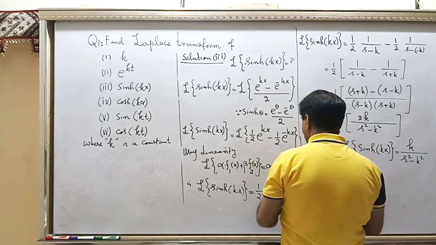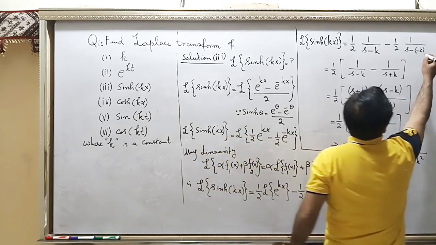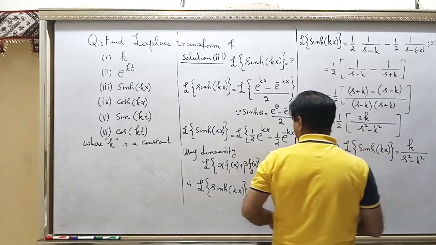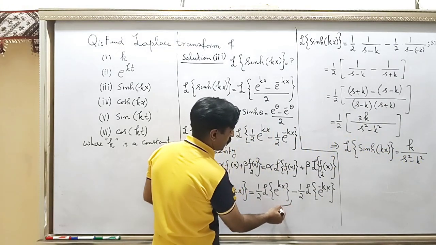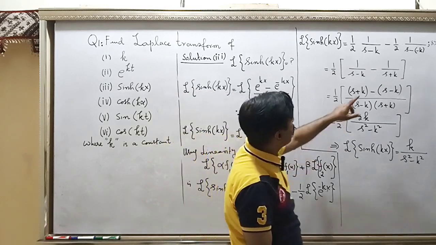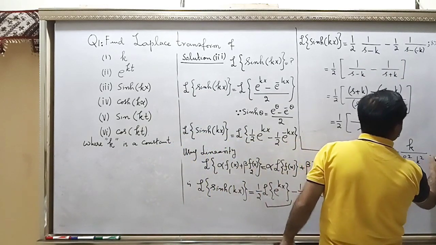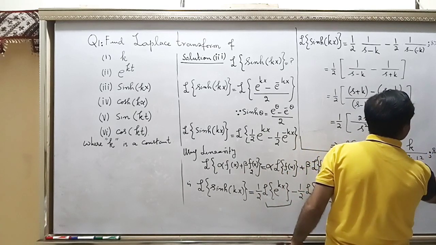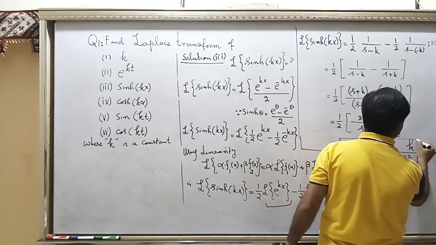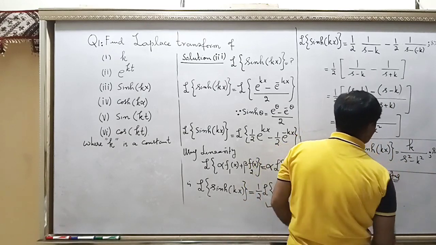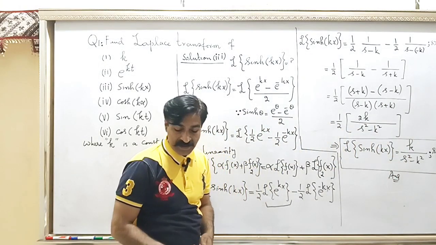And you know, when you use the Laplace transform of the exponential, then in the formula your s is larger than k. So mention it here: s is larger than k. This is the Laplace transform of sine hyperbolic kx.